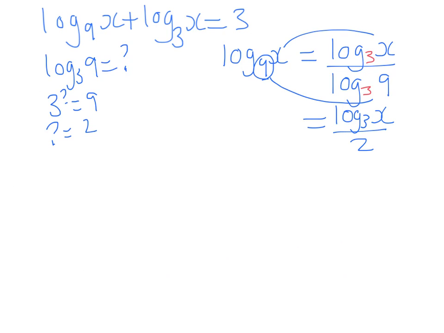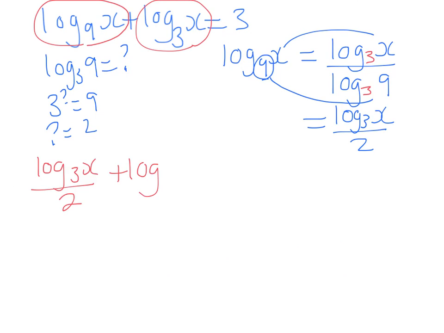Right, let's see what we've got then when we start from the beginning. So log to the base 9 of x is log to the base 3 of x over 2. This is still just plus log to the base 3 of x equals 3. Okay, this isn't too bad. I hate things on the bottom, so I'm going to double everything.